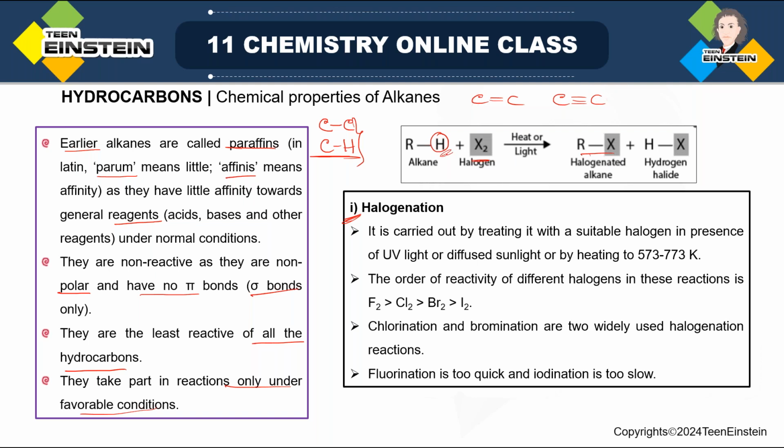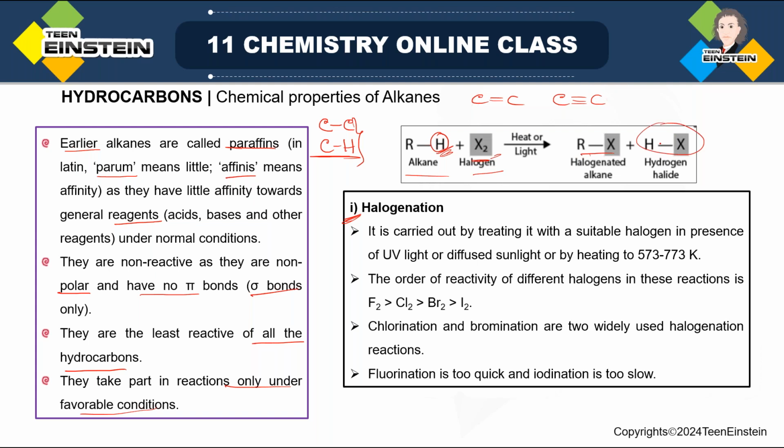The byproduct is this H reacting with another X, and we get hydrogen halide as the byproduct. You should notice this carefully, because if it asks the mole ratio in the balanced equation, the mole ratio of alkane and halogen is 1:1, because the other atom in the diatomic X2 molecule will take this H and produce HX as the byproduct.